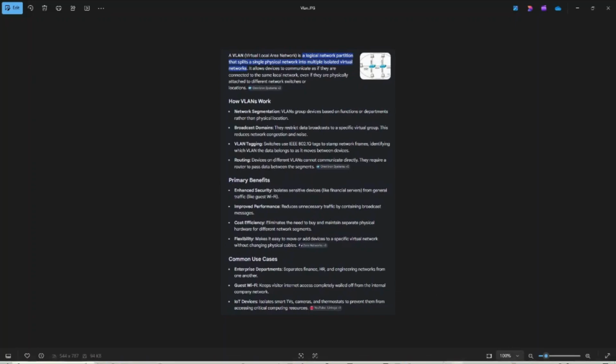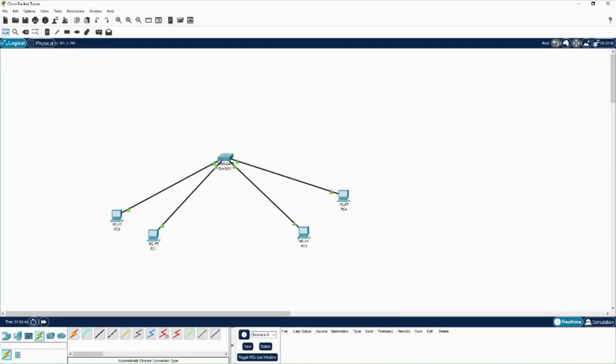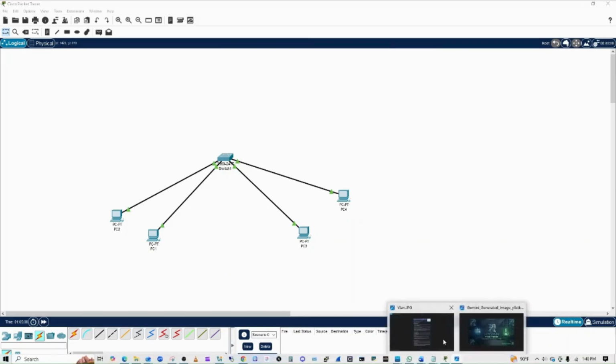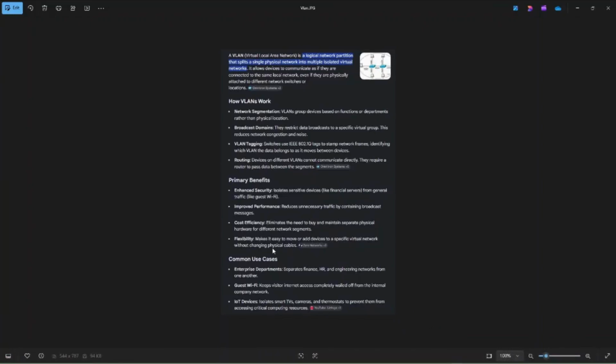Like I said, if you create a VLAN over here and this computer has some problems, you just remove this PC and put another PC, then you configure it using the required IP, gateway, subnet mask, and then DNS, and you'll be good to go.